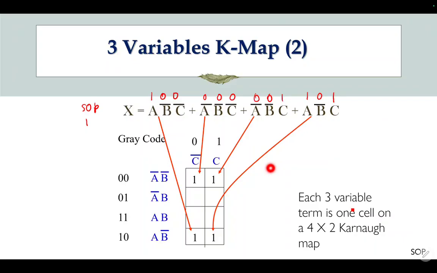So now look at 0, 0, 0, it is here. 0, 0, 1 is here. 1, 0, 1 is here. So you already place 1, 2, 3, number 1 in the locations of 0, 0, 0; 0, 0, 1; and 1, 0, 1.